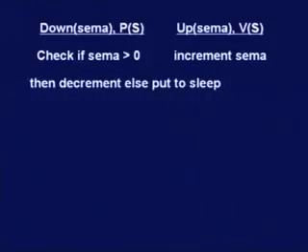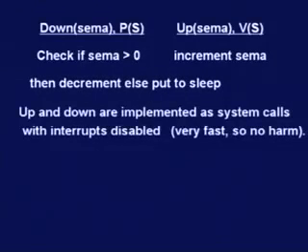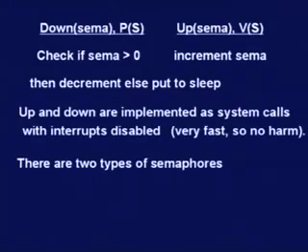In these two operations, the down semaphore simply checks if the value of the semaphore is greater than 0. If it is, then it decrements the value, else it puts itself to sleep. The up semaphore or VS simply increments the value of the semaphore. Now, up and down are implemented as system calls with interrupts disabled.